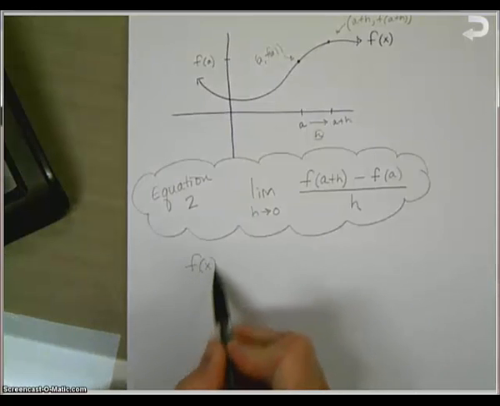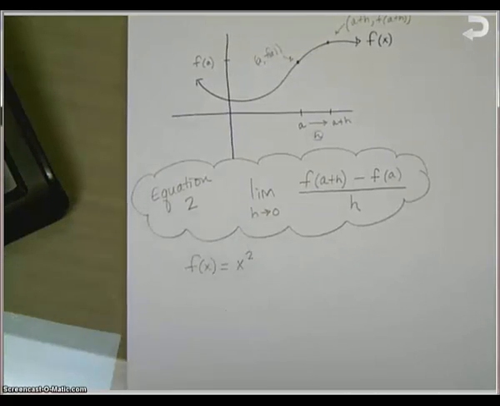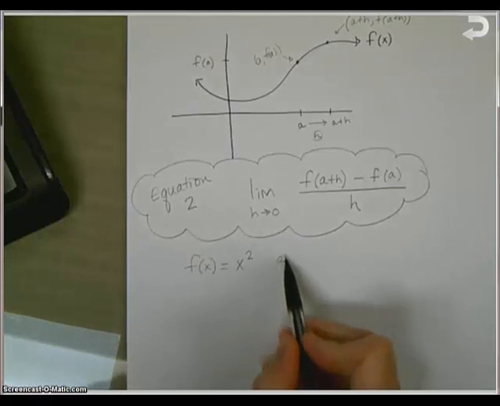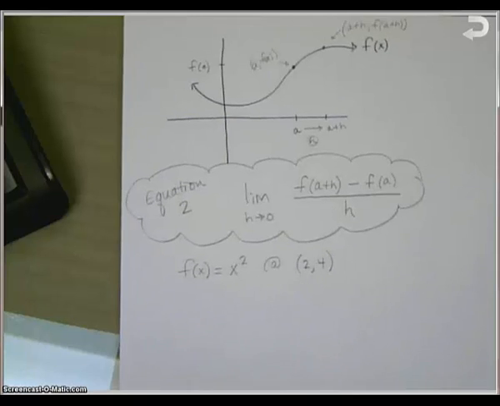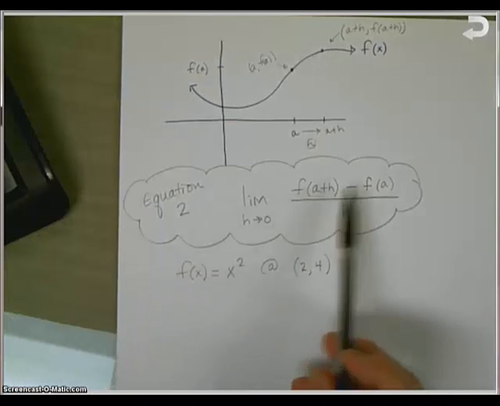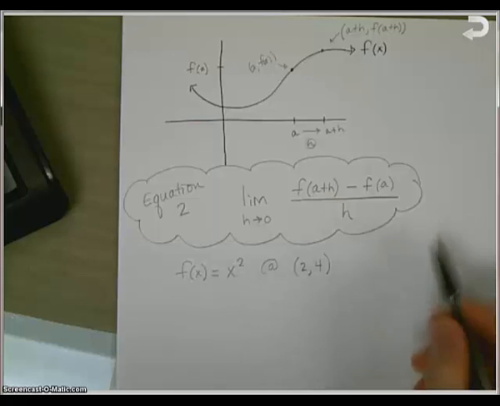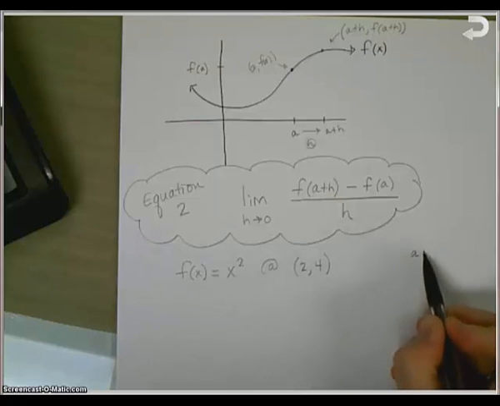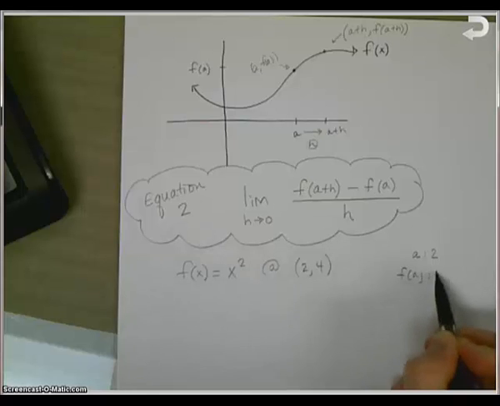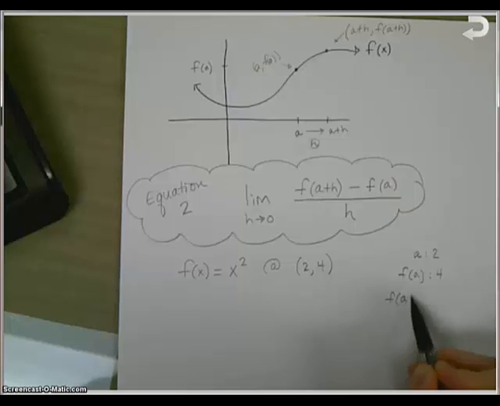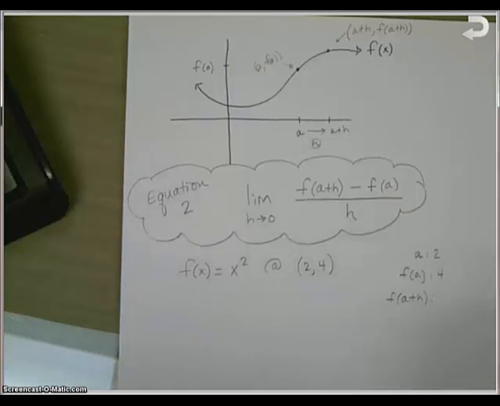The function is, really easy, simple example, but the function is x squared. I want to find the instantaneous rate of change on that function at the point 2, 4. So looking back at our cloud, what kinds of things do we need? We need to know our a. Our a is 2. Our f of a is 4. And, what is this f of a plus h? That's going to be interesting.